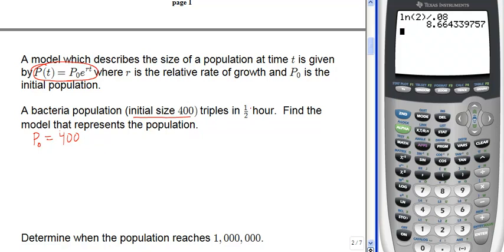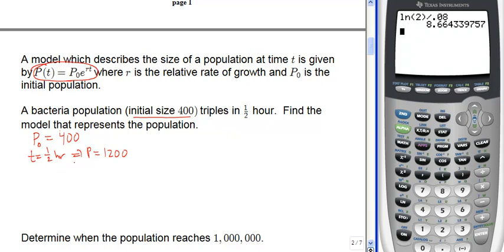So when time is 1/2, half an hour, then the population is going to be triple. So triple what? Triple the initial size. So 3 times 400 means that the population is going to be up to 1,200 in just half an hour.